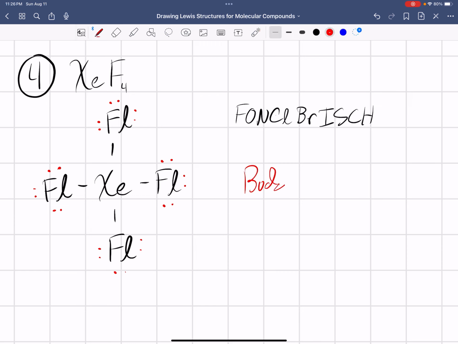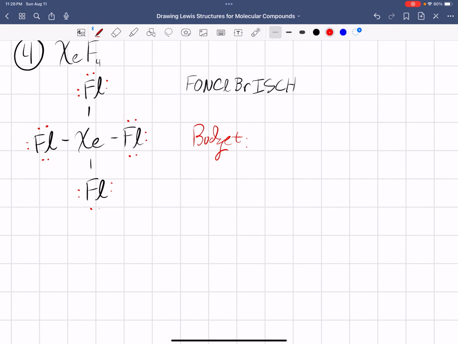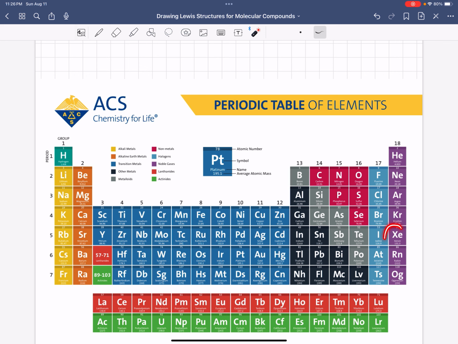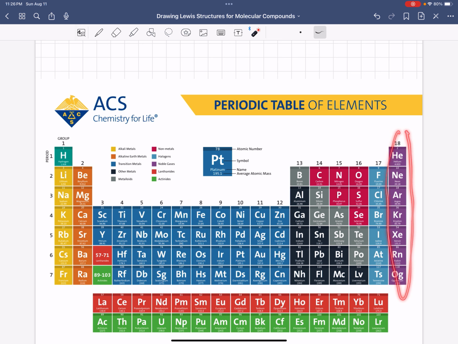Our electron budget. So to do that, we check the periodic table. We can do xenon first. Xenon's a noble gas. And like all noble gases, xenon will have... Oh, and I should mention, when you're counting the number of valence electrons, you can skip these transition metals. So when you're counting, you'll skip those. So for xenon, we have 1, 2, 3, 4, 5, 6, 7, 8 valence electrons. And indeed, all of the noble gases have 8 valence electrons.